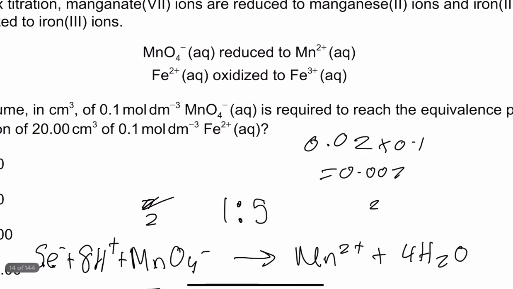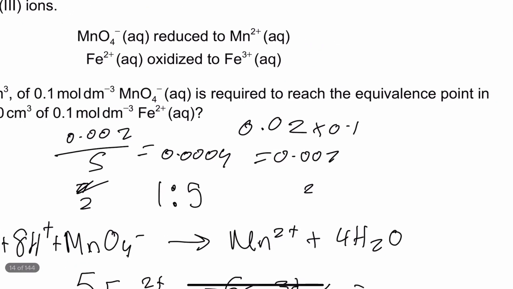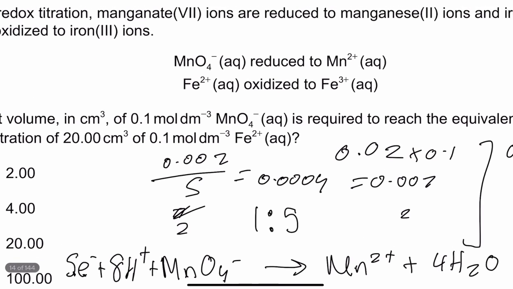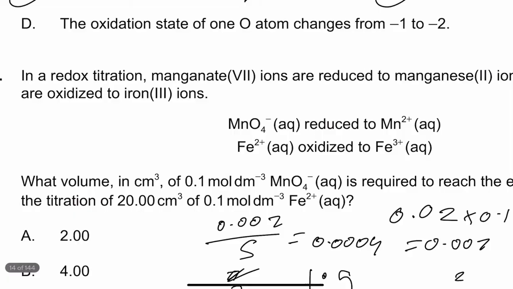Now, we divide 0.002 by 5, because remember, we have to account for the ratio. So we divide it by 5, and we get 0.0004. We have 0.0004. What can we do next?